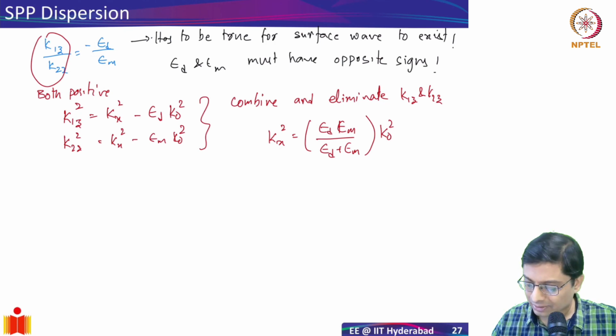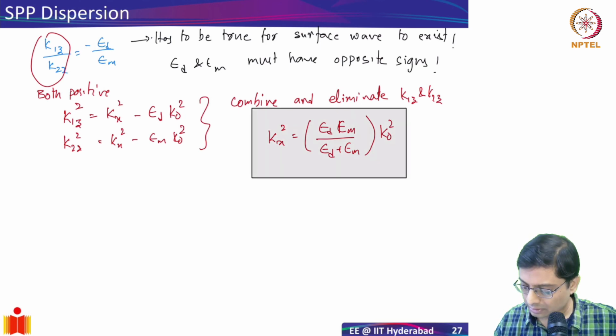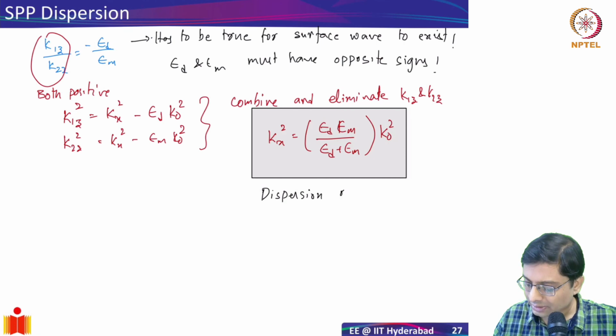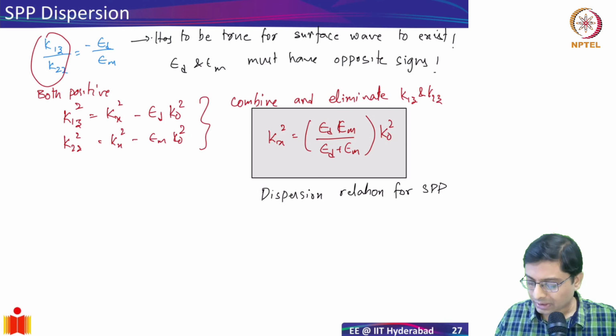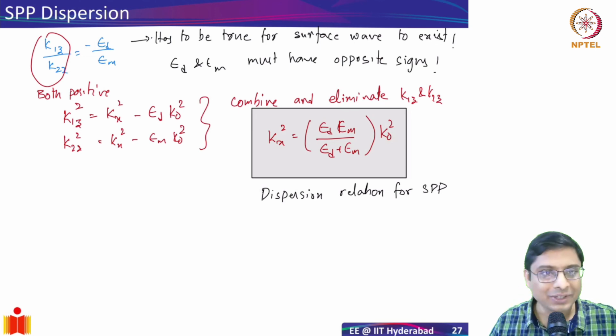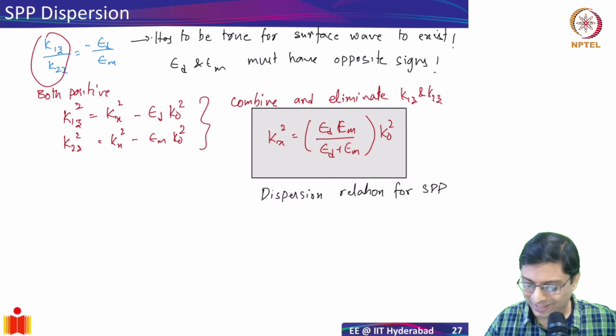This is what is known as the dispersion relation for SPP, surface plasmon polariton. How is that behaving? Whenever you see a sum in the denominator, we should immediately think of what happens when the denominator goes to 0.